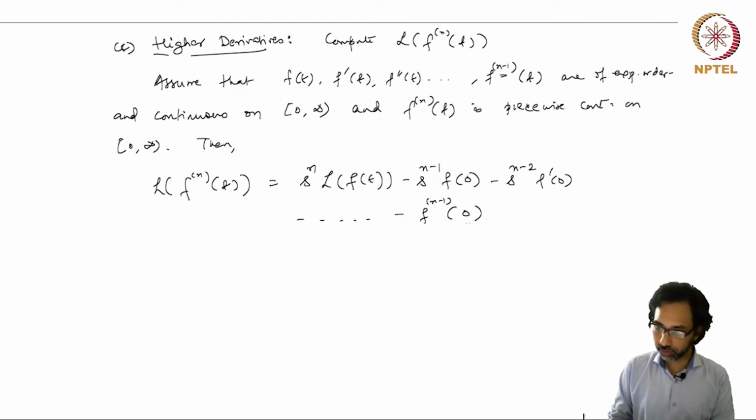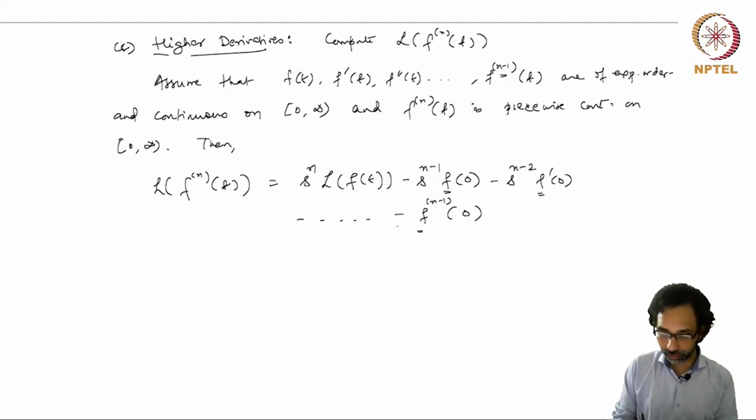Here also you can assume that f, f prime, and all the derivatives up to order n minus 1 may not be continuous at 0, and they can have a discontinuity at t equal to 0, but the limits should exist.